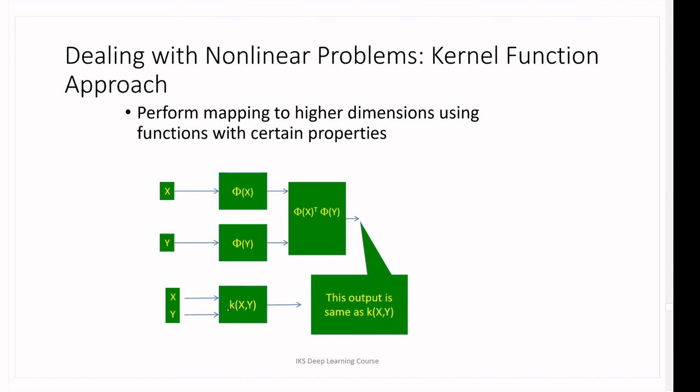Let's say that we have another function, to which we input x and y, and let's designate its output as k(x, y). One can find a function k such that this output is going to be the same as this for all values of x and y. If we can find such a function, then that function is what we call the kernel function. Let's take an example.